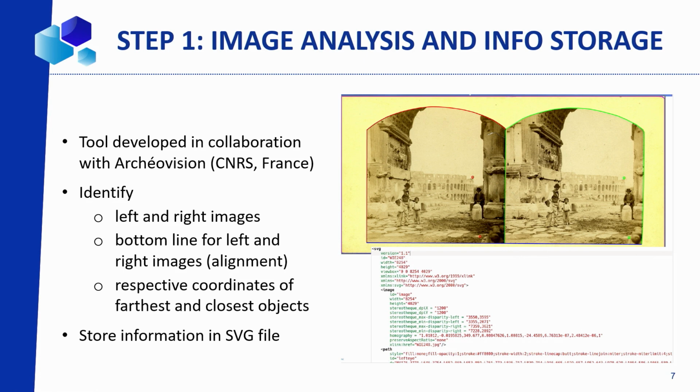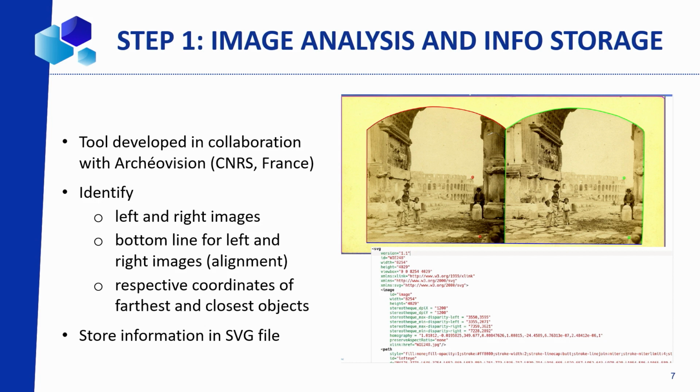Obviously, this is semi-automatic. This was for the project. Now that we know it works, we're going to be starting to do some fully automated identifications of these points using disparity maps and depth maps. By doing that, we store key information in the picture, and we store that information in an SVG file.